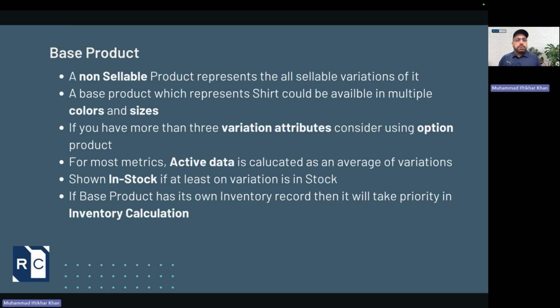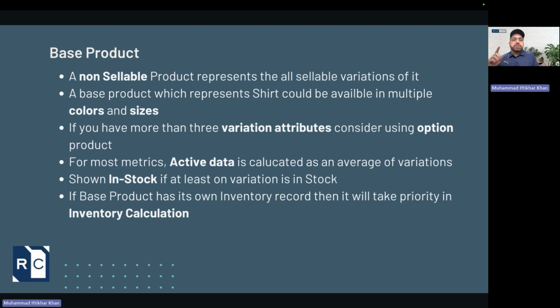And then the base product, a non-sellable product, represents all the sellable variations of its base. A base product which represents shirts could be available in multiple colors and sizes. So let's suppose you have an apparel product like a shirt, and the shirt is available in multiple colors and in multiple sizes. And each combination of color and size will represent a single SKU, right?